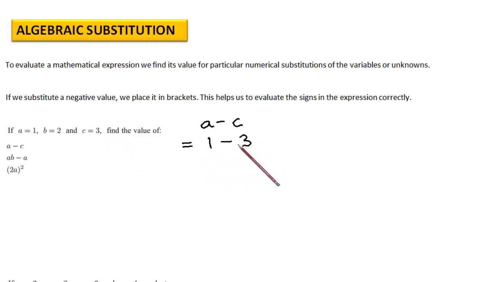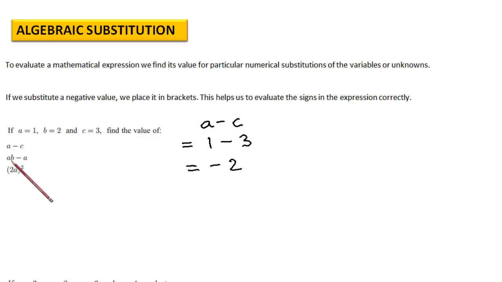So what is 1 minus 3? 1 minus 3 is negative 2. How come? It's plus and minus is minus, 3 minus 1 is 2, sign of the greater one is minus. So the answer of A minus C is negative 2 when A is 1 and C is 3. So this is known as the substitution or the evaluation of the mathematical expression.